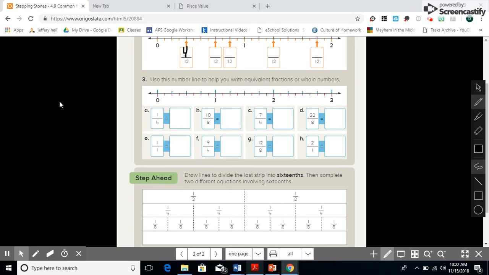Number 3 says use this number line to help you write equivalent fractions or whole numbers. So we have 1/4, which would be right here on this line. And so I'm going to look at the line below and I'm going to see 1, 2, 3, 4, 5, 6, 7, 8. So the bottom line is 8ths, the top line is 4ths. And I see 1/4 is the same as 2/8.